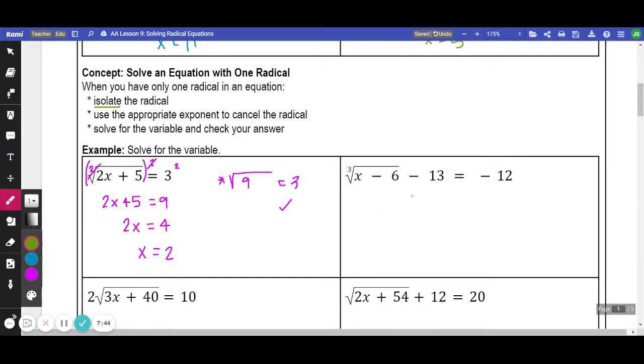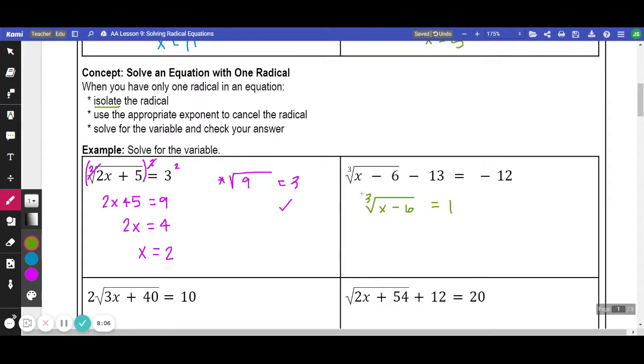The second one over here, again, anything not in the root, we're going to move first. So I'm going to add 13 to both sides so that I'm isolating this radical. I'm going to isolate the cubed root of x minus 6 equals, if I add 13, that will cancel, add 13 over here, and I get 1.